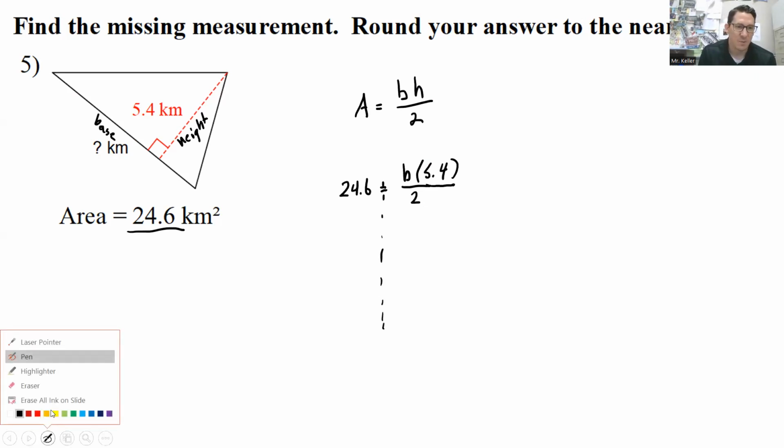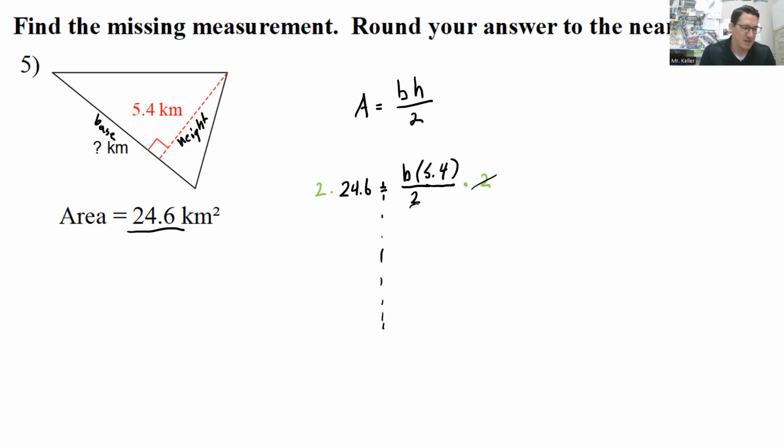All I'm going to do is multiply both sides by 2 to take care of the 2 on the bottom. So times 2 divided by 2 cancels out. So 24.6 times 2 is 49.2. And so I'm just going to rewrite this. B times 5.4 would be 5.4B. I'm just reordering that in the way we normally see it written out.